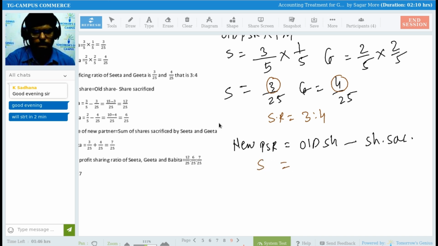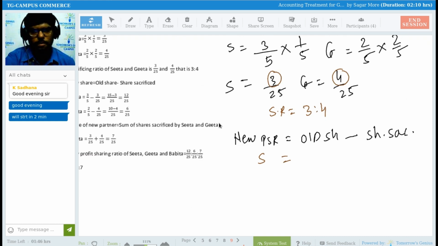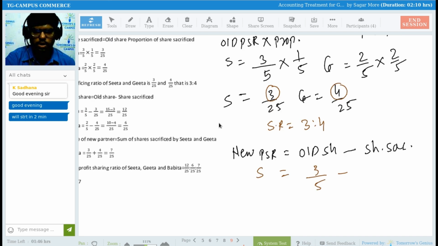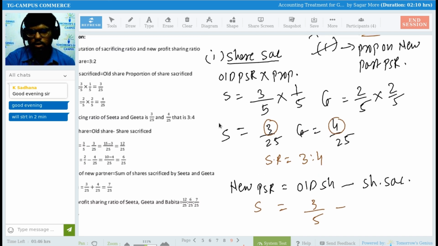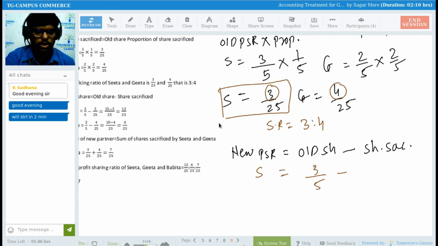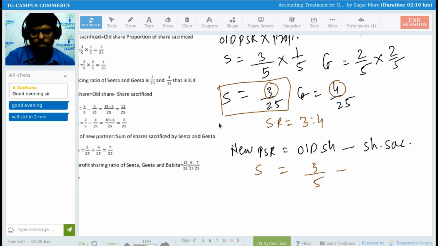Sita's old share, 3:2, is 3/5, minus her share sacrifice. So her share sacrifice is 3/25. Absolutely correct. Right, Sadhna? Getting now? 3/5 minus 3/25. You can solve this by LCM.